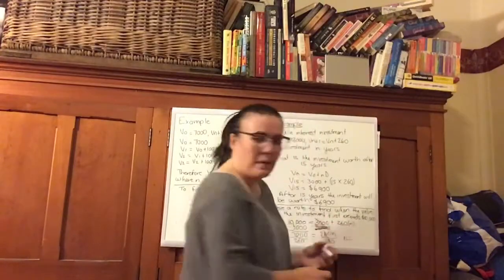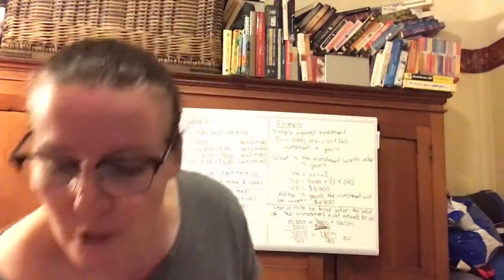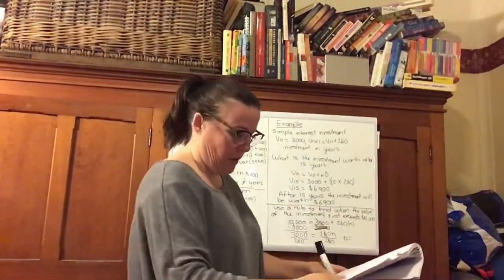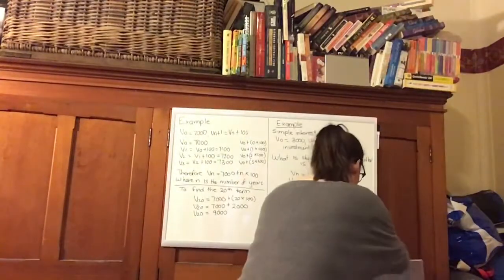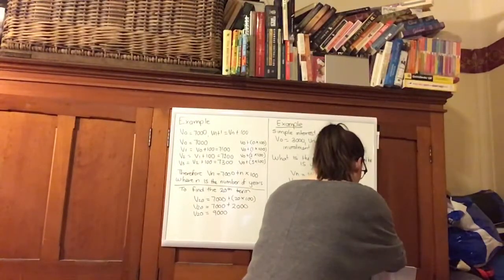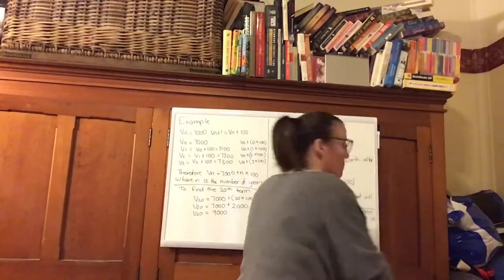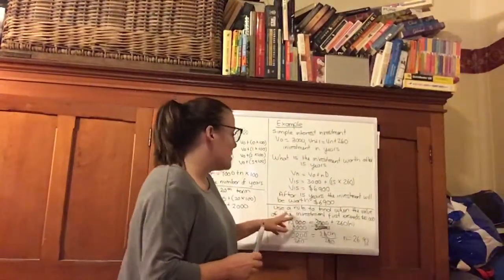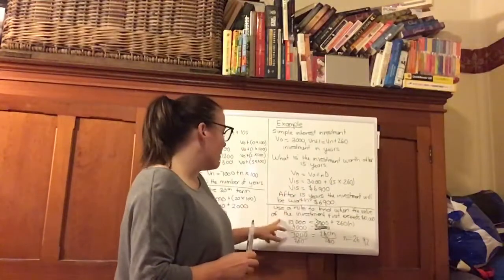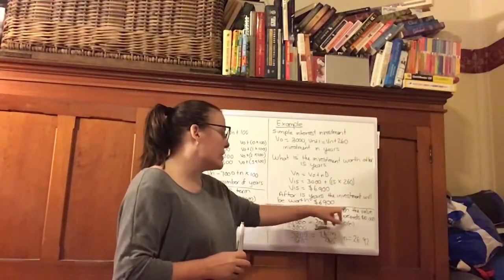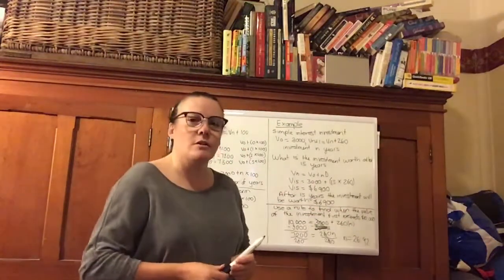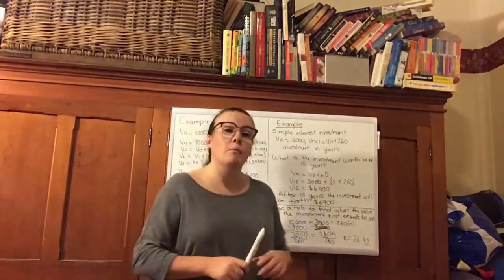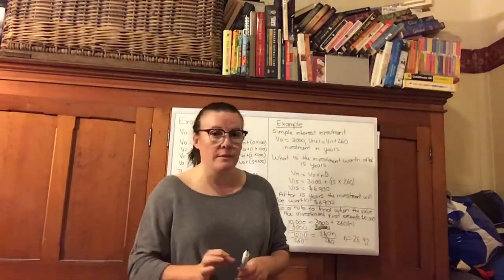Of n being equal to 26.92. Now, the question asks us to use a rule to find when the value of the investment first exceeds $10,000. We've got an issue here because we've got a decimal point.